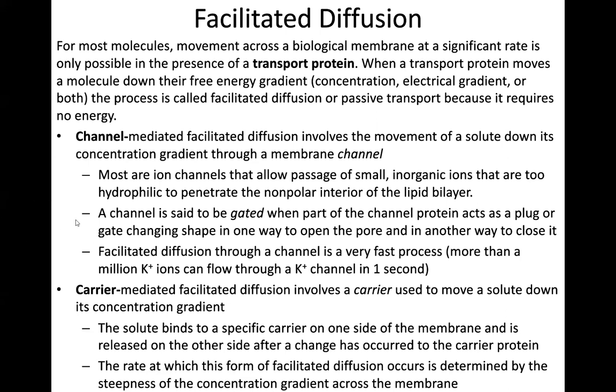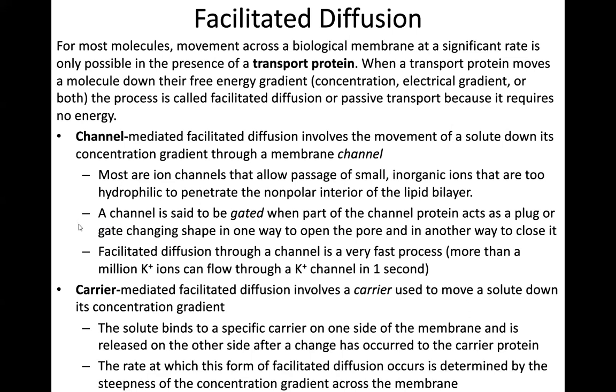We talked about the other day how channels can be gated, or have like a door that covers them, when part of the protein acts as a plug or a gate, changing shape in one way to open the pore and another way to close it. In our next lecture, we're going to talk a lot about ligand gated channels, which open up when a chemical binds to that channel. We'll talk about voltage gated channels that open up when a specific voltage on the inside is met.